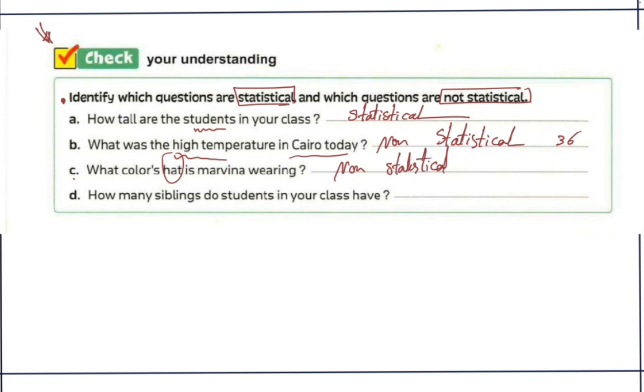We don't need to collect data. Fourth, how many siblings do students in your class have? Every student has a different number of siblings. So I will ask everyone about the number of his siblings. Now I need to collect data. It's a statistical question. And that's it.